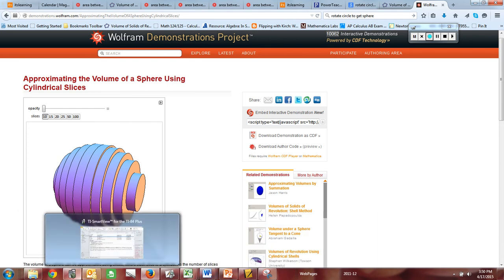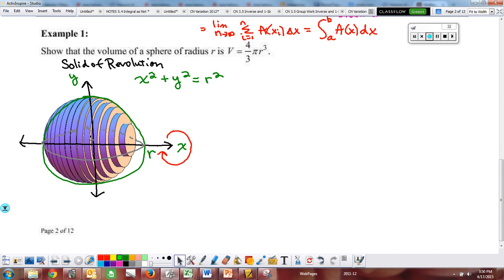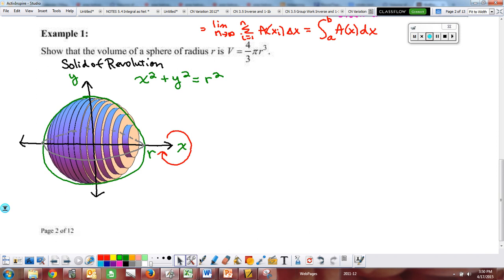The radius of each disk is going to depend on what point I am on the original curve. So I'm going back to the 2D part and recognizing that this point x, y is in the 2D world. And I do know a relationship between x and y and the radius of the sphere by using this formula up here.